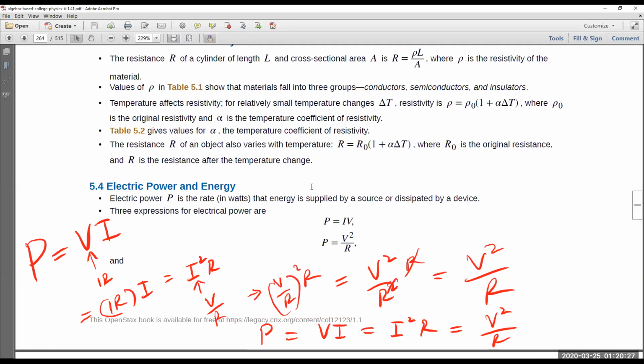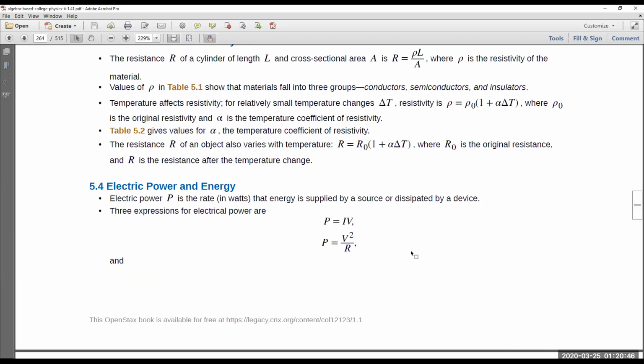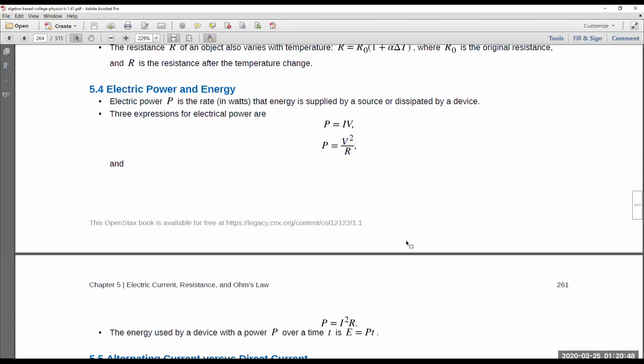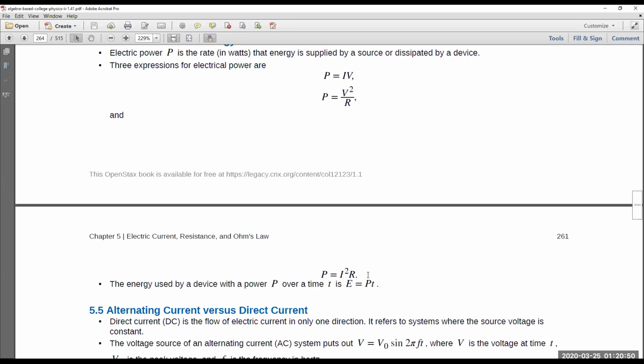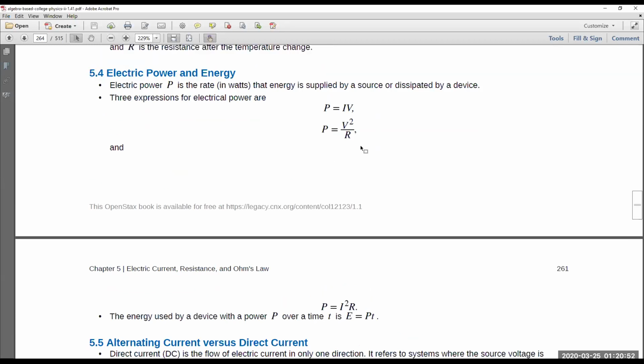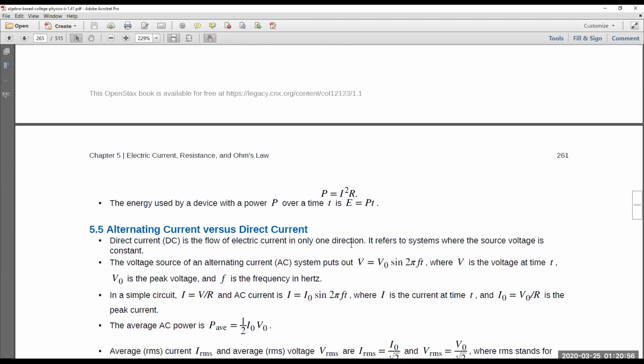Depending on what is given, you may be able to use one equation or the other. So I squared times R, V squared over R, I times V. They're all equivalent.